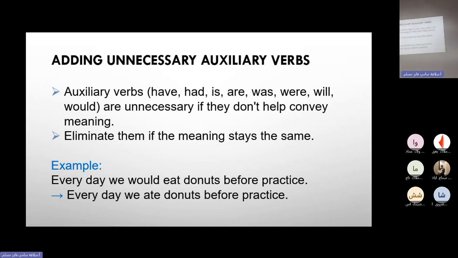Exactly. Look: every day we would eat donuts. Look how long the sentence became. But we can do without the unnecessary auxiliary verbs and say we ate donuts. It's easier to understand. It's clearer. Okay?